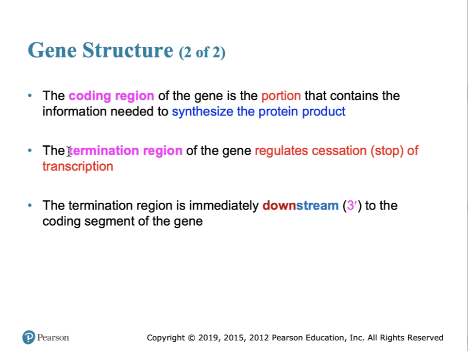The last region of a gene is called the termination region. This is where the DNA carries information to tell the RNA polymerase not to go any further and to detach itself from the DNA. Terminator sequences in prokaryotes are generally found downstream after the coding segment of that particular gene.